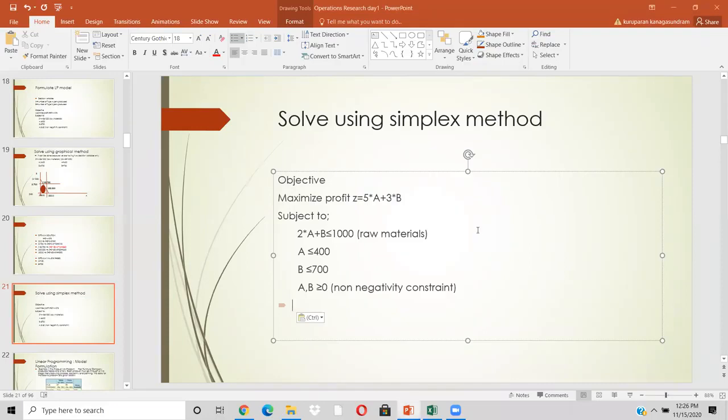The thing is, the simplex method can only solve for equal constraints, not for unequal. So be careful. You can't do it with this one. So you have to change this. Okay. How to change? I said it earlier. How to change?